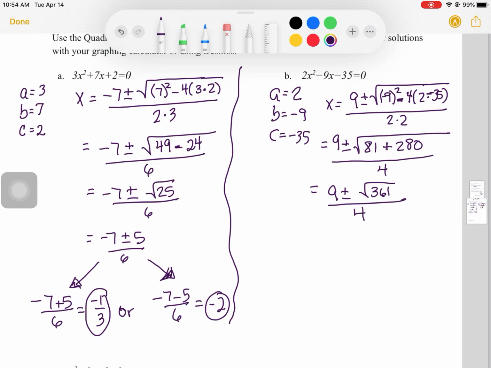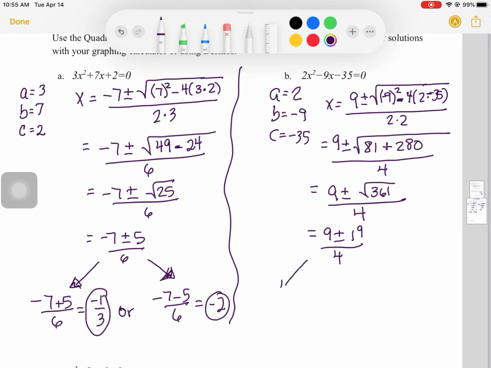9 plus or minus the square root of 361. I happen to know that's a perfect square. I don't know if you guys do. So that's 9 plus or minus, let me see, 361.